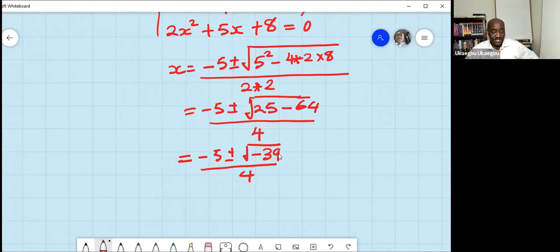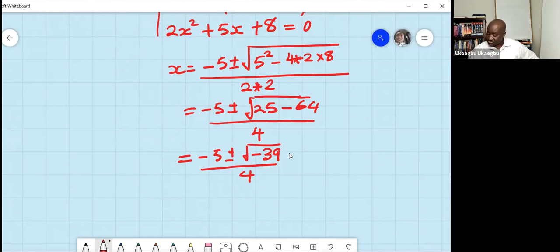But is that the end of the road? The answer is no. So what else can we do to get around the negative square root?